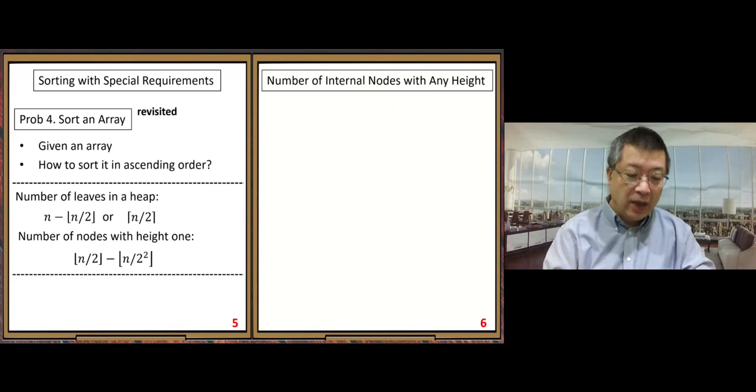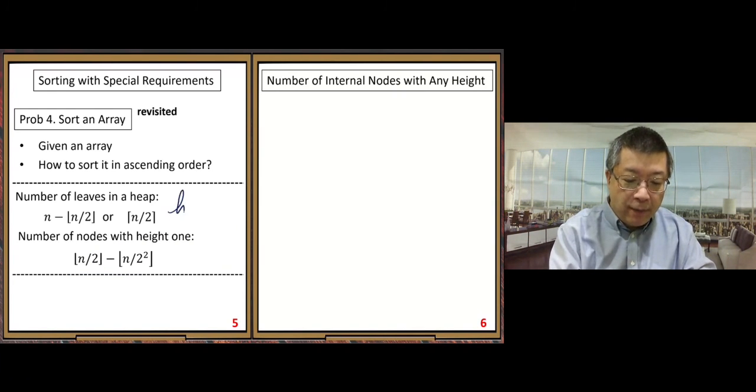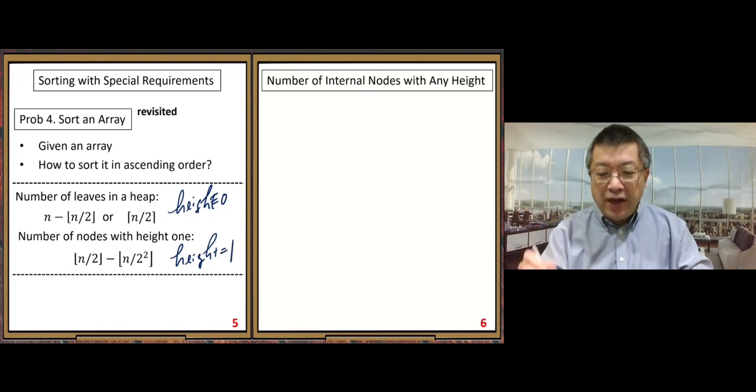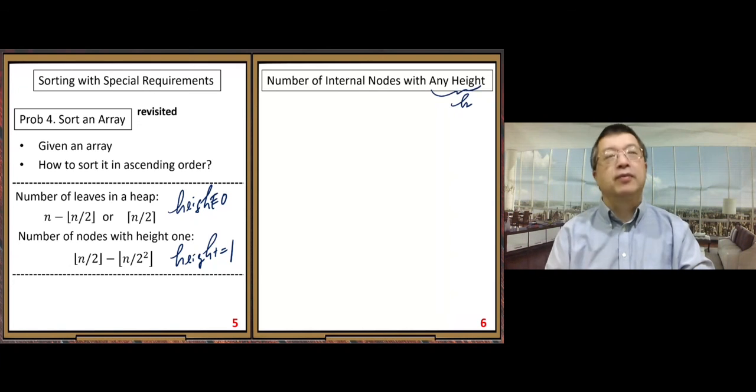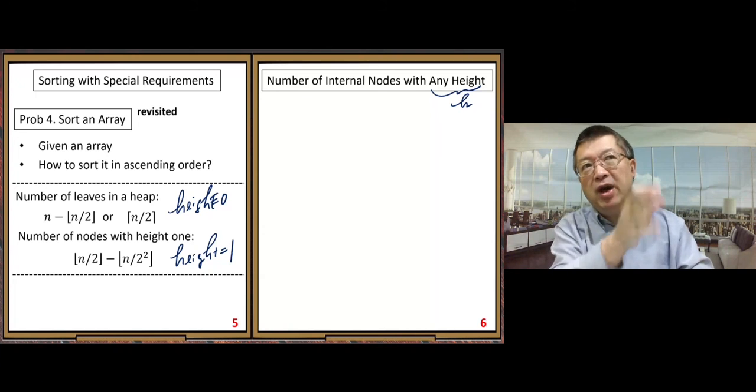So height 0, leaf. That's height equals 0. This formula, height equals 1. Next, any height. Height equals h. How do we get a formula?